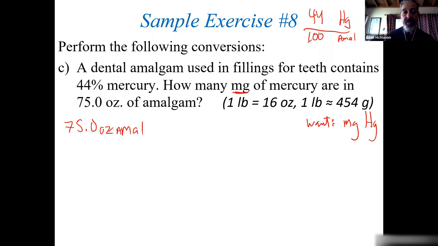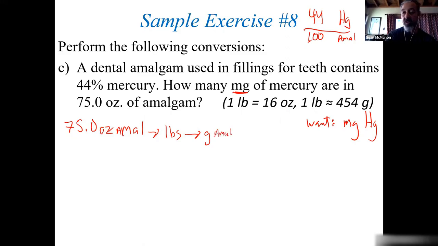So what I have is ounces. What am I going to do? I've got to go from ounces to pounds. And then from pounds, I can go to grams. And now this is going to be grams of amalgam.